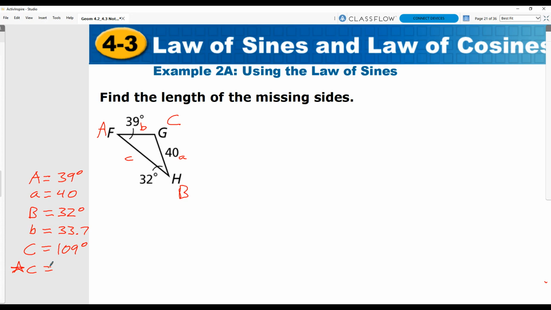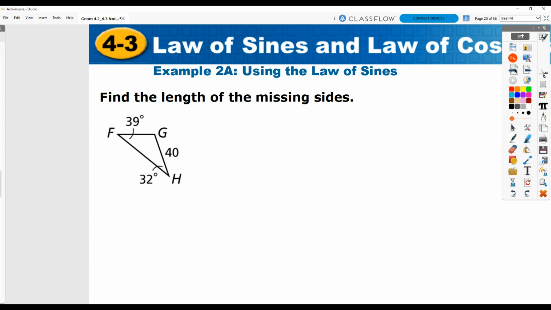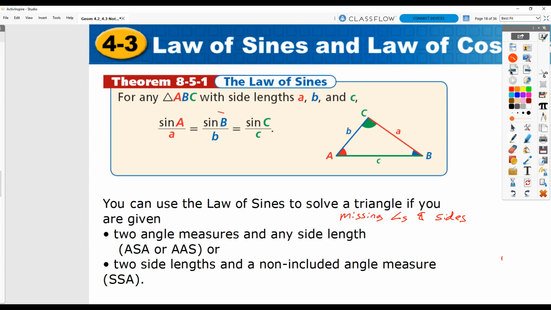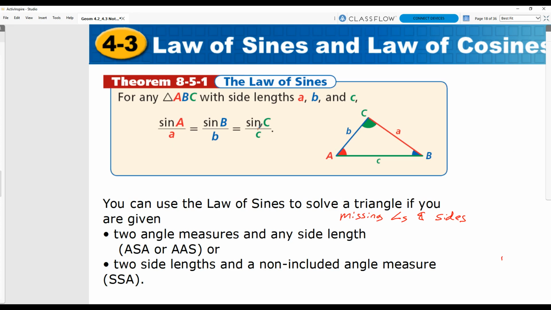So let's go back and look at our formulas. Here's our formulas, and if we take a look, this fraction equals this fraction and equals this fraction. Because they all equal each other, it kind of goes back to the transitive property that we learned in unit 2, I believe.